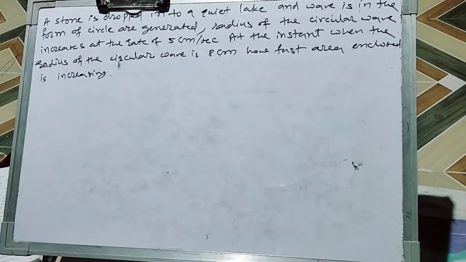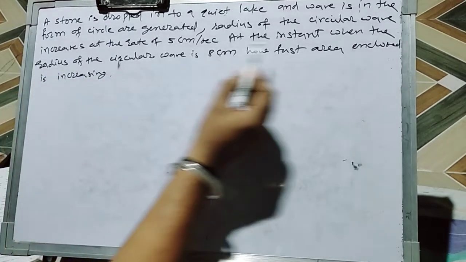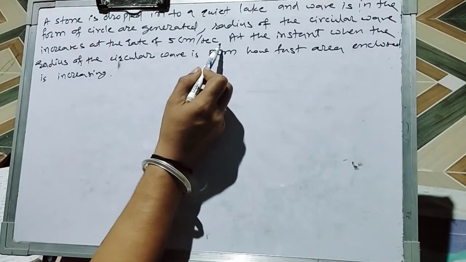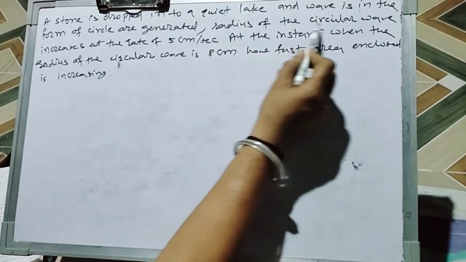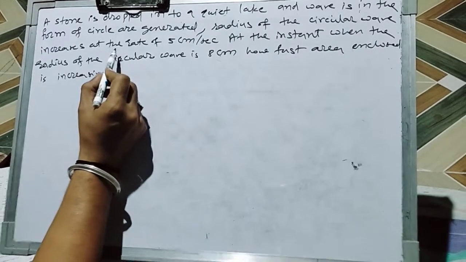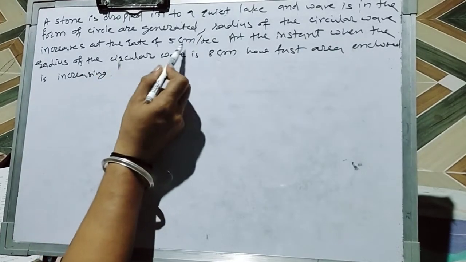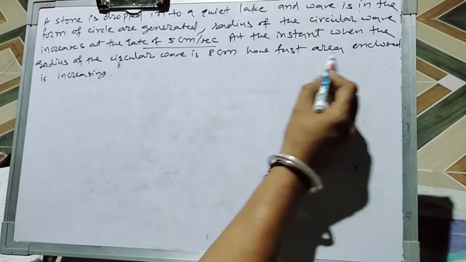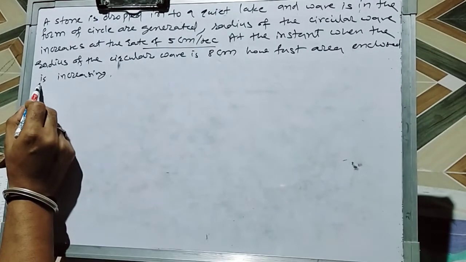Now in this example, the circular wave increases at the rate of 5 centimeter per second, meaning the radius of the circular wave increases at the rate of 5 centimeter per second. And secondly, we have to find how fast the area enclosed is increasing.